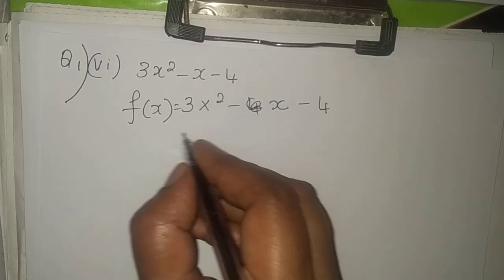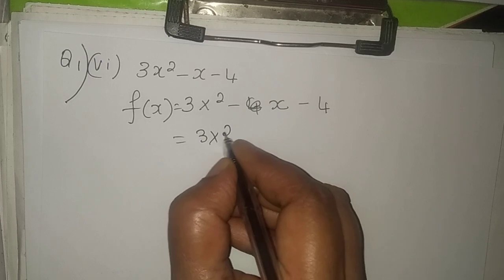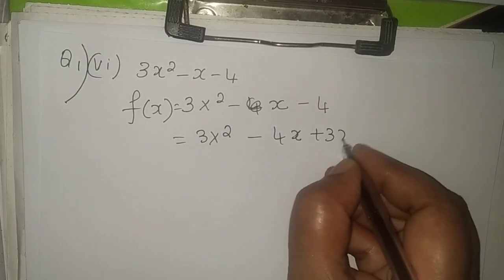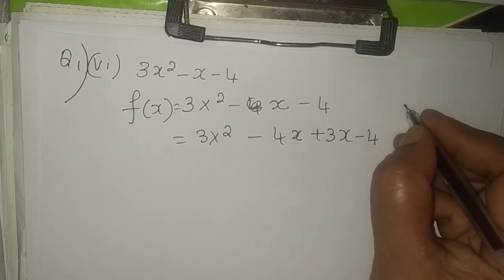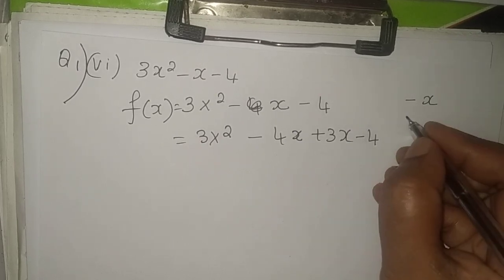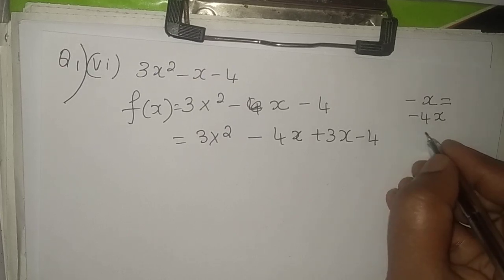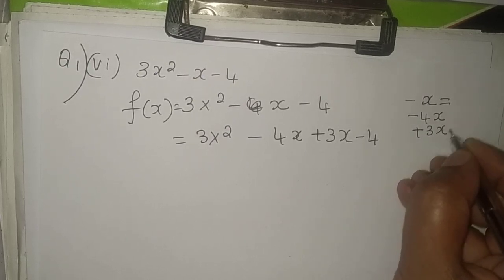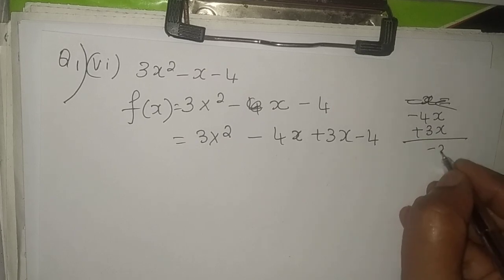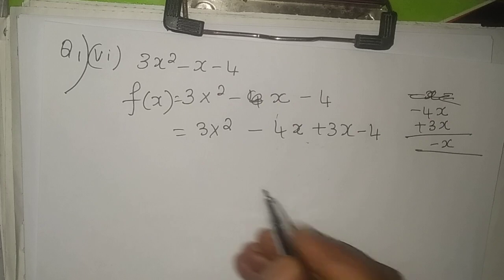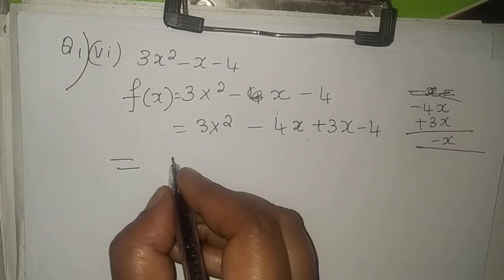This can be written as 3x square minus 4x plus 3x minus 4. So minus x can be written as minus 4x plus 3x, which is equal to minus x. So substitute here, then start solving the problem.